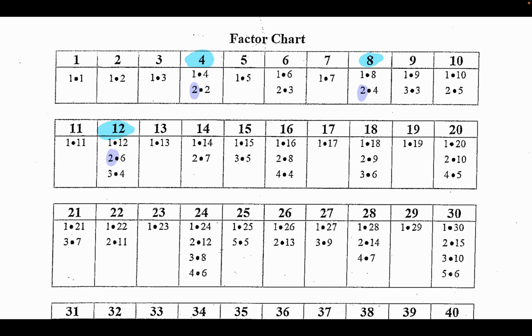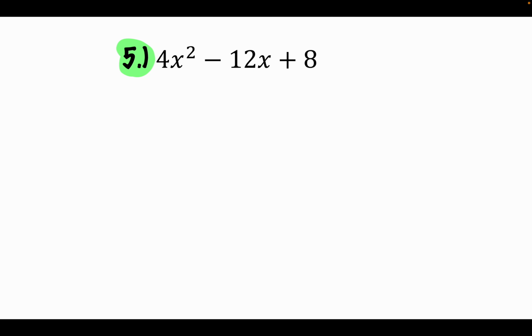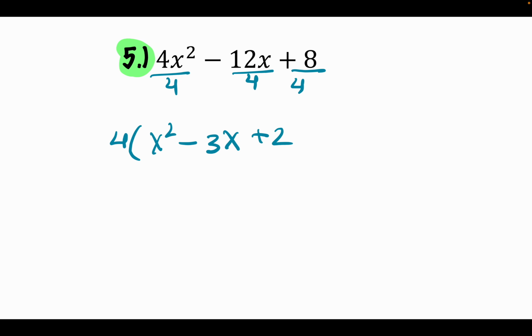No, it is not greatest, because if you look, they all have a 4. So we're going to take out 4. So let's take 4 out of each of these terms. So 4 goes out front. That gives us x squared minus 3x plus 2.